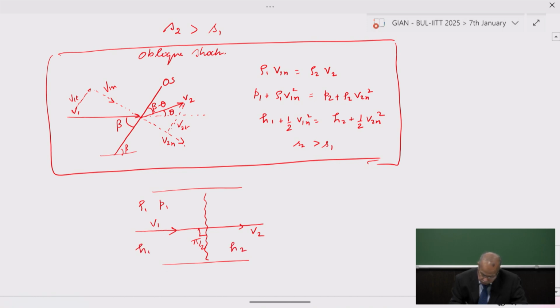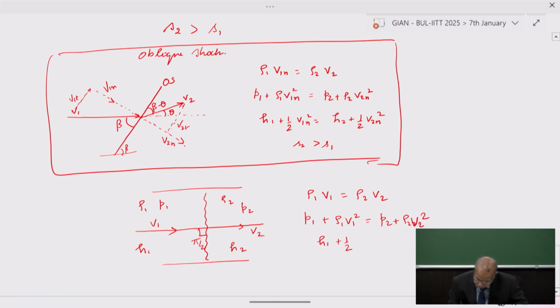So here it is H2, rho 2 and P2. The governing equations are rho 1 V1 is equal to rho 2 V2, and the momentum equation P1 plus rho 1 V1 square is equal to P2 plus rho 2 V2 square.